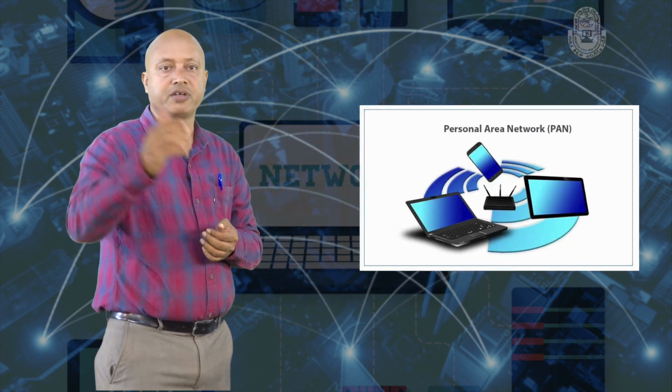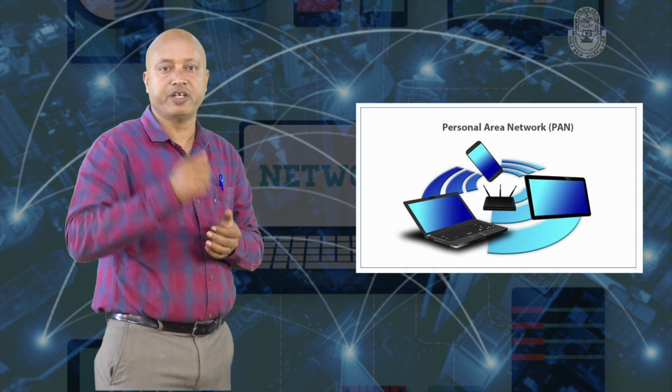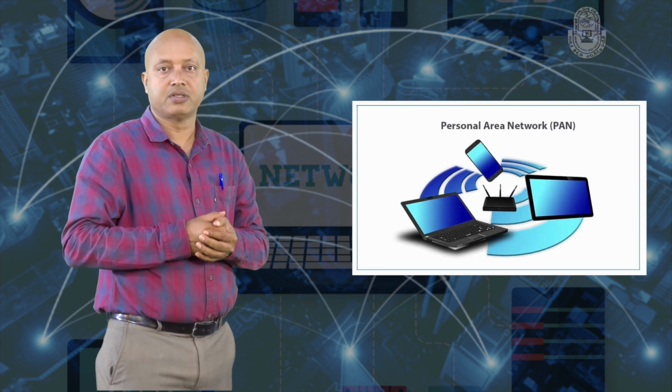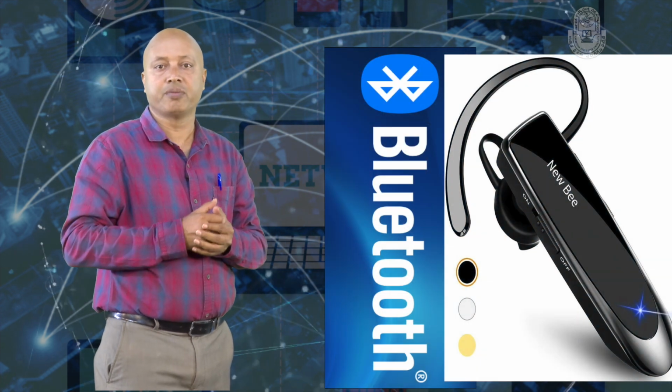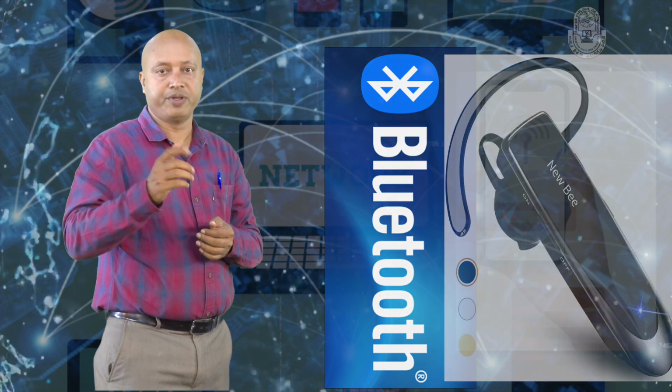Personal area network. A personal area network connects electronic devices within a user's immediate area. The size of a PAN ranges from a few centimeters to a few meters. One of the most common real-world examples of a PAN is the connection between a Bluetooth earpiece and a smartphone.